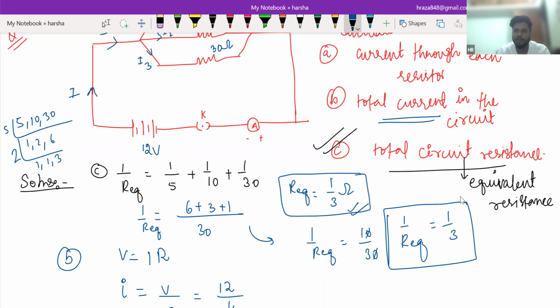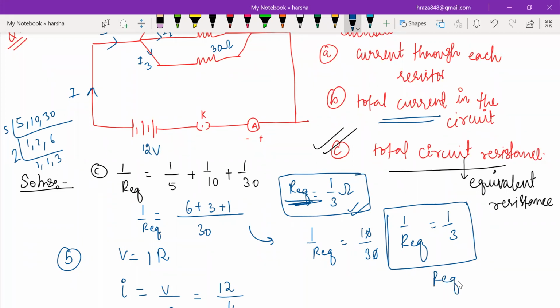Sarah and Harsha, have you realized your mistake? No, sir. What I asked you is the value of R equivalent, and what you told me is the value of 1 upon R equivalent. Got it, Harsha? Sarah? Yes, sir.